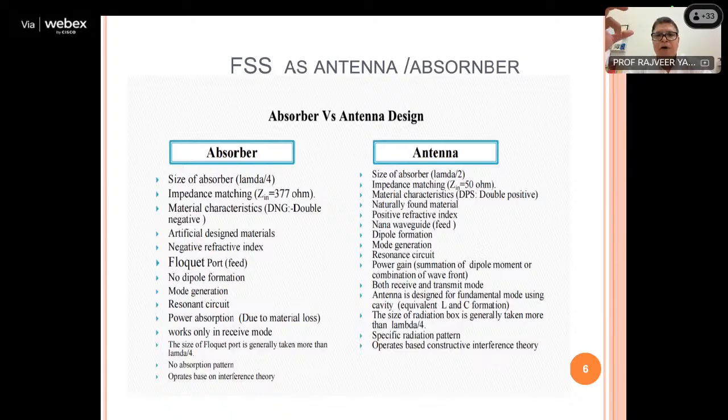With the help of resonant modes, we can play with antenna design parameters. That is, with the help of mode control, we can play with polarization, bandwidth, gain, radiation pattern, and dimensions; we can miniaturize, we can deminiaturize.